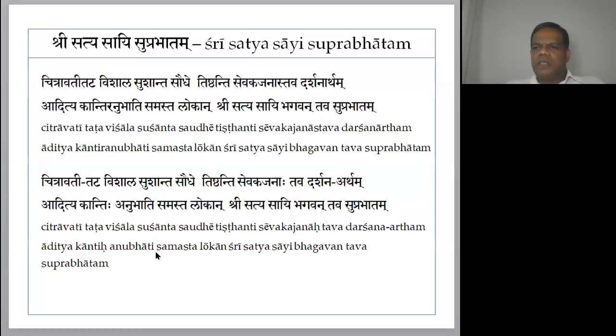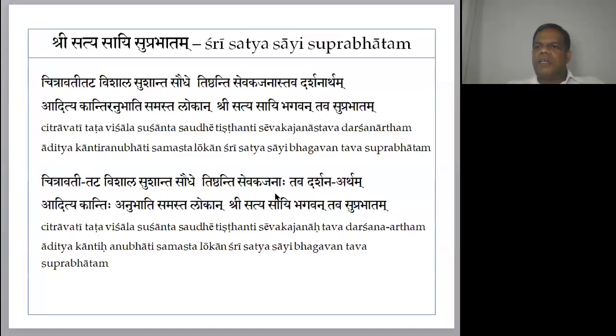We will look at the Sandhi split in this verse now. Chitravati Tata, there are two individual words, it's a compound, a samasa. Vishala, Sushanta, Saudhe, no Sandhi-related changes in here.